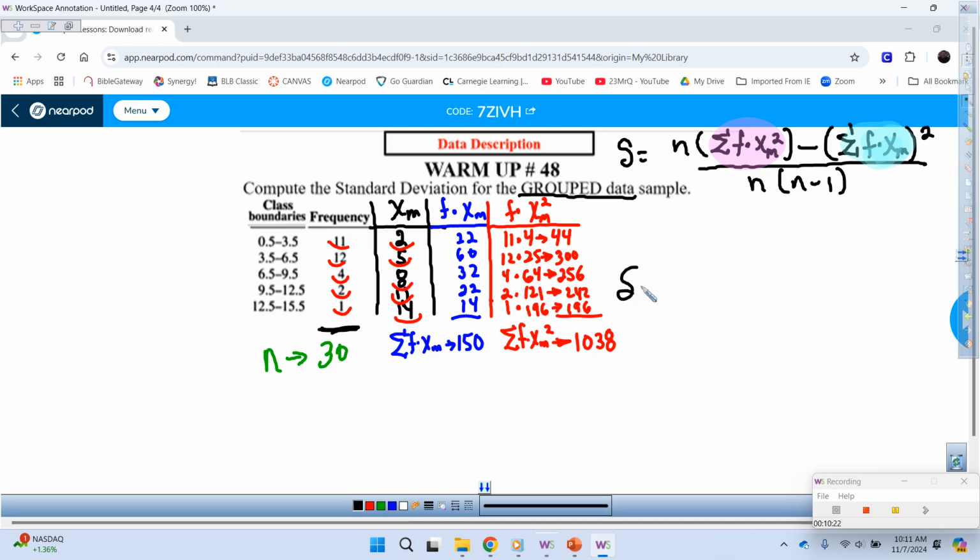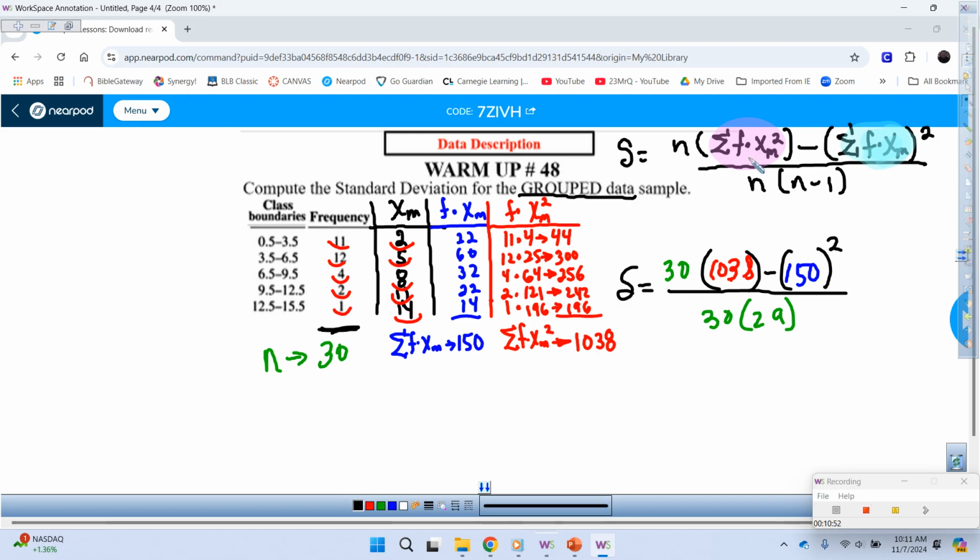All right, so thirty times 1038, and then we got 150. Which one's Cole?